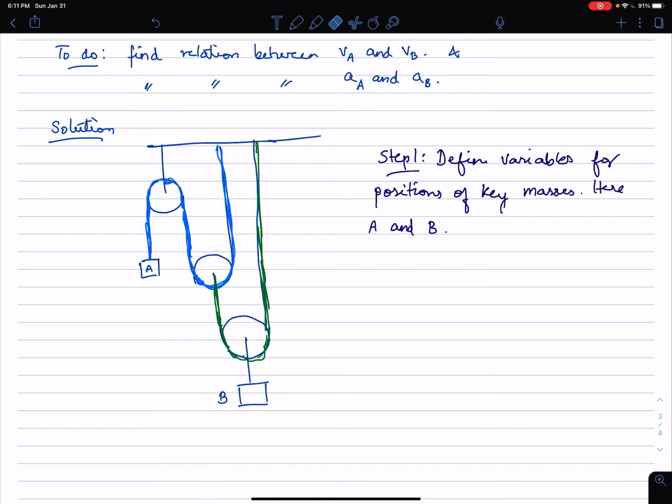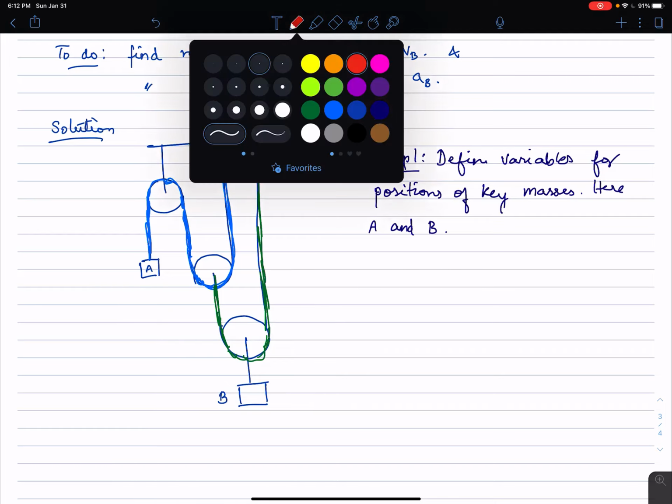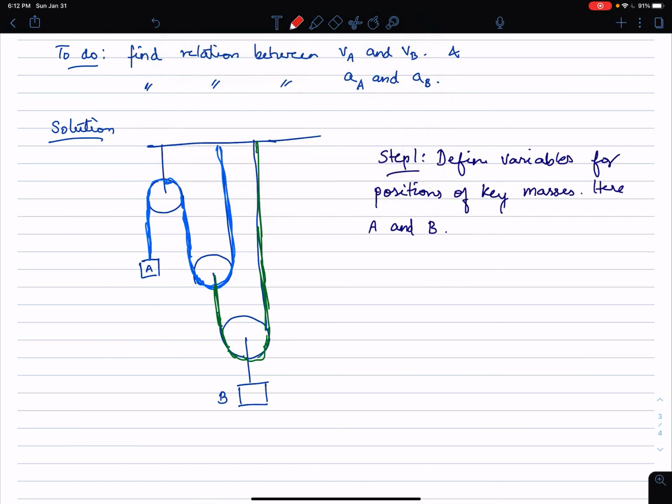So let me do that first. I'm going to define the position of mass A, let's say, starting from this point. So I'm going to define this to be y sub A.